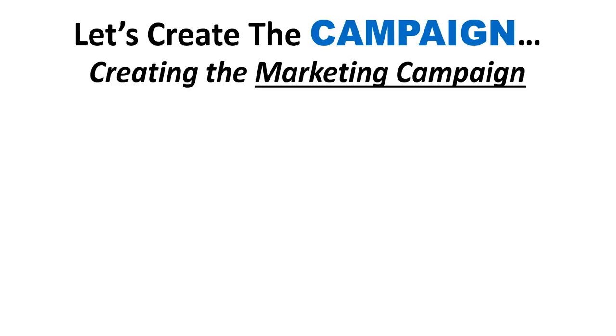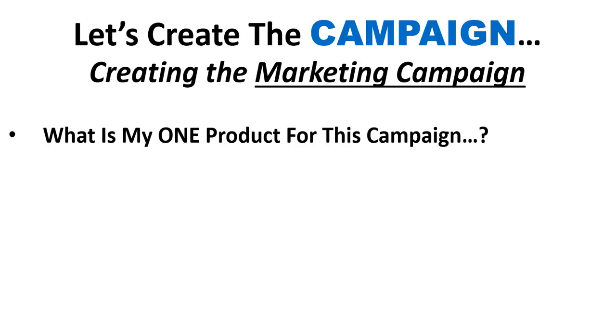So let's get going. We're going to start with maybe the most important and probably the most basic thing in creating a marketing campaign, and that is simply: what is the one product for this campaign? You guys have heard me before. Whenever you're doing a marketing campaign or looking at anything marketing related, you need to be as specific as possible.